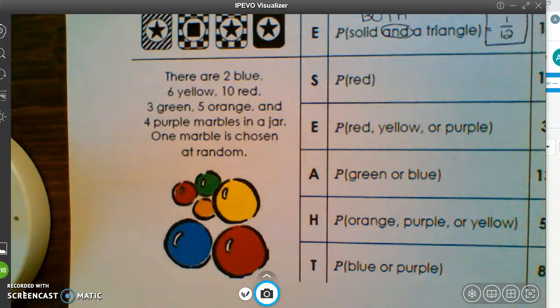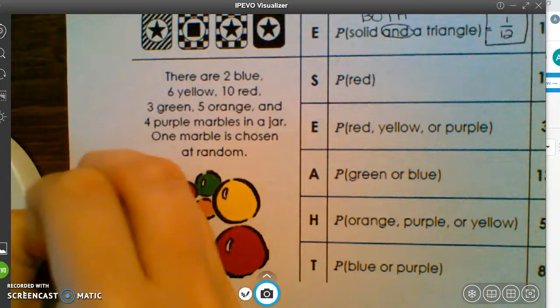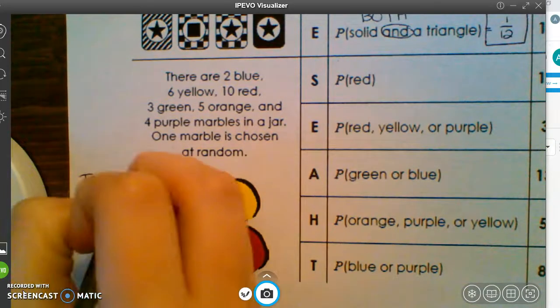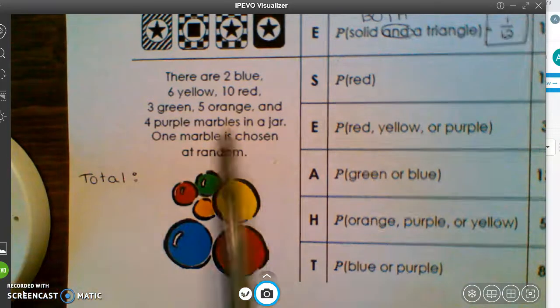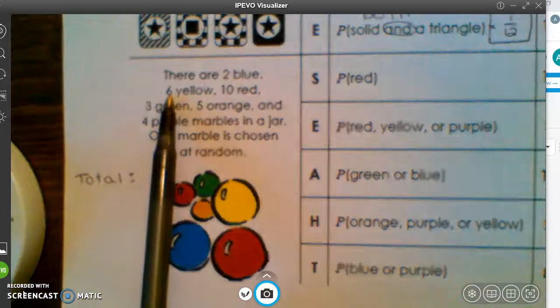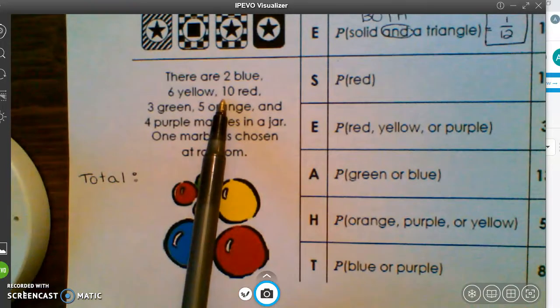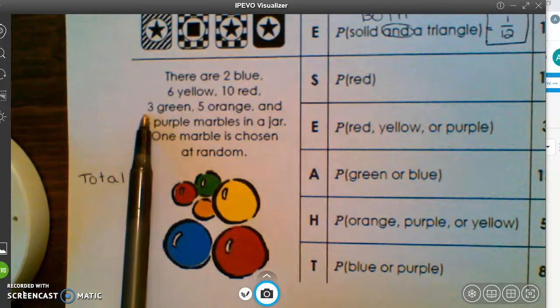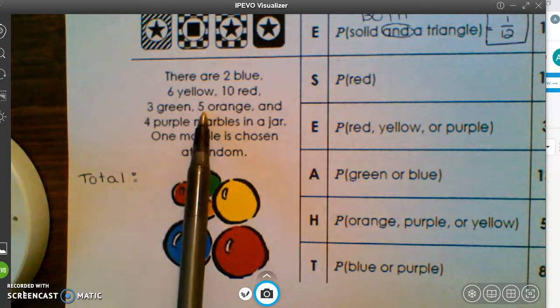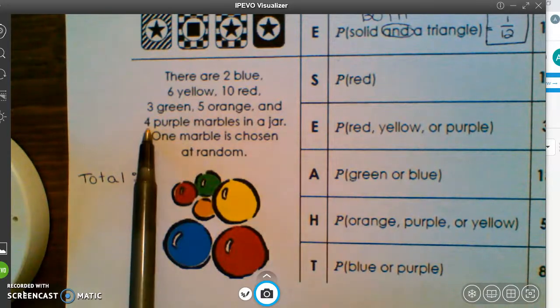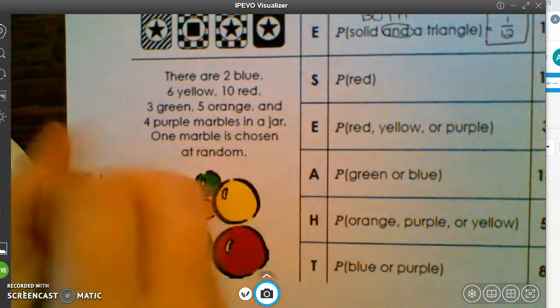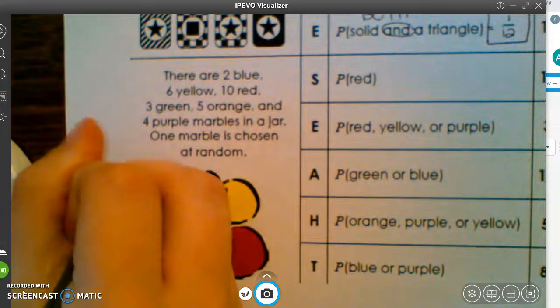I go ahead and I write down my total because you're always going to need your total as your denominator. So 2 plus 6 is 8, plus 10 is 18, plus 3 is 21, plus 5 is 26, plus 4 is 30. So there are 30 marbles in the jar.